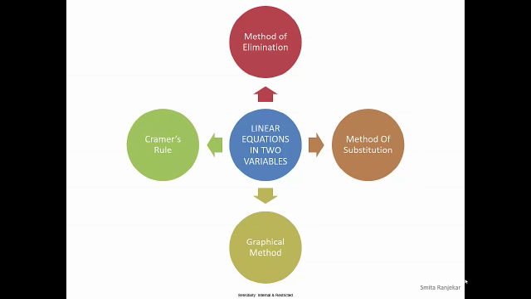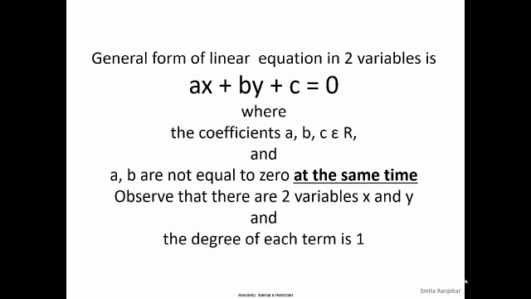Do you remember the general form of linear equations in two variables? Yes, it is ax plus by plus c is equal to 0. Here, a and b are the coefficients of x and y respectively, and c is a constant. All these a, b and c are members of the set of real numbers.